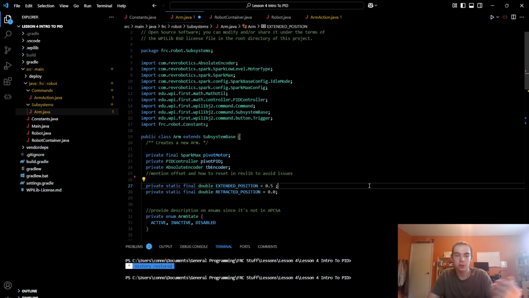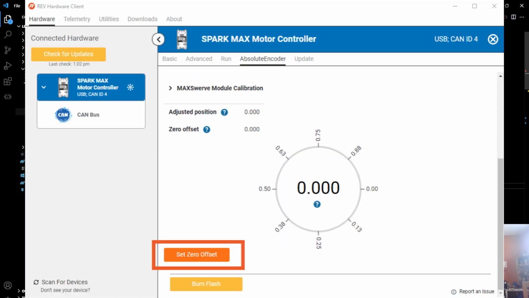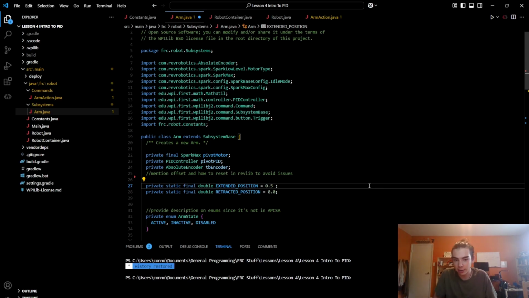I'd also like to mention, as the reminder I set here says, that with this 3-bore encoder, you need to make sure you zero it in REVLib. If you just plug into the encoder and you look around enough, I'm sure you will find out how to click the thing that says zero offset. And what that does is it ensures that that is the point that is declared as 0 for the motor, right?